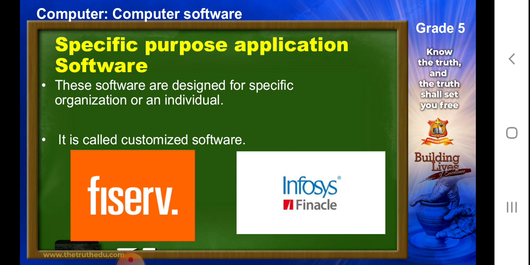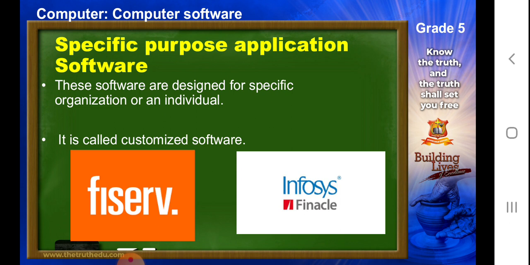Next comes specific purpose application software. Students, I strongly feel none of you would have seen or used this software till date. Why? Because these software are developed keeping a certain requirement in mind.